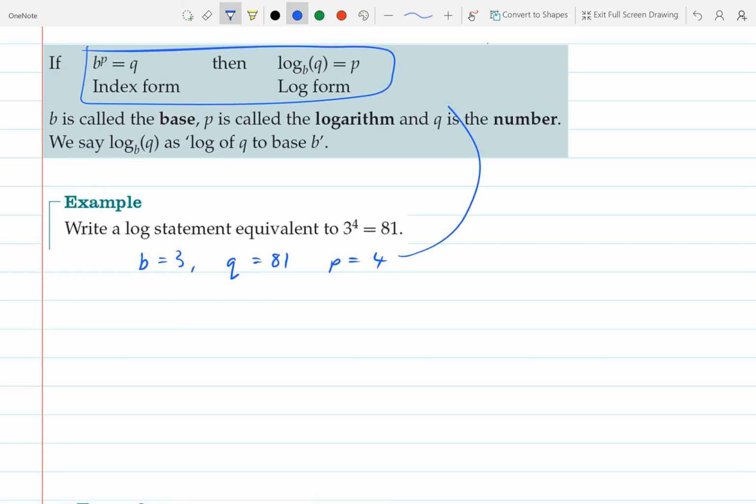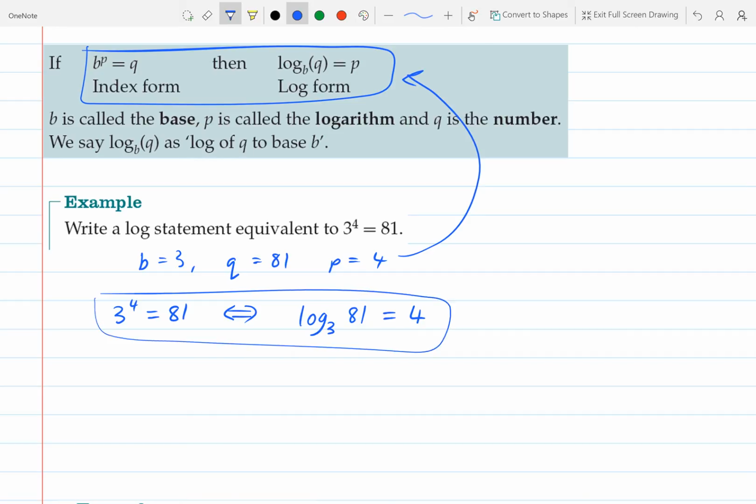Now substituting those into this formula, we can say that 3 to the power of 4 equaling 81 is equivalent to saying log of base 3 of 81 is equal to 4. So that's our relationship between those two different ways of writing those equations.